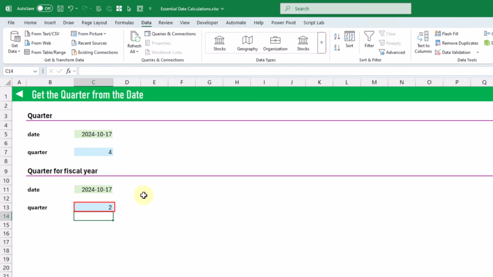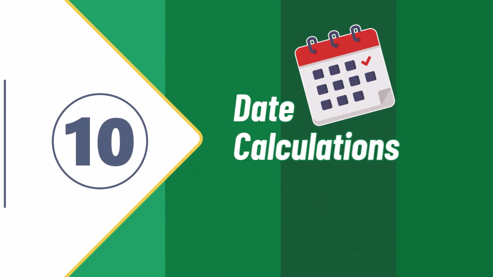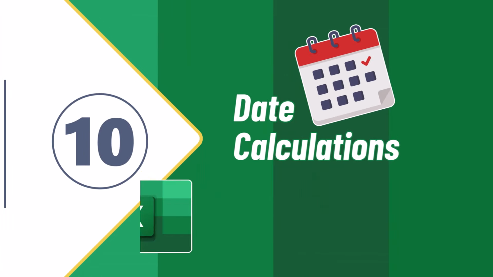And now if we press enter, we get the fiscal quarter for our date. So in this example here, we've got a date in October. And in our fiscal year, October would be the 2nd quarter. So there you have it, 10 essential date calculations in Excel.